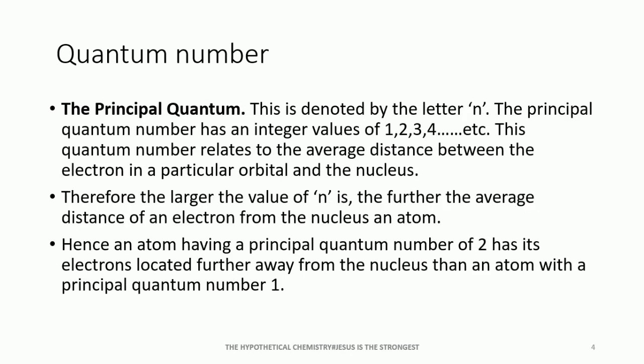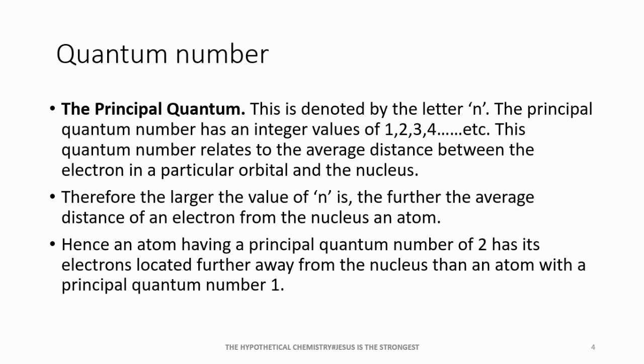The principal quantum number. It is denoted by letter n, and the principal quantum number has integer values starting from 1, 2, 3, 4, 5 in that order, etc. This quantum number relates to the average distance between the electron in a particular orbital and the nucleus of that atom.